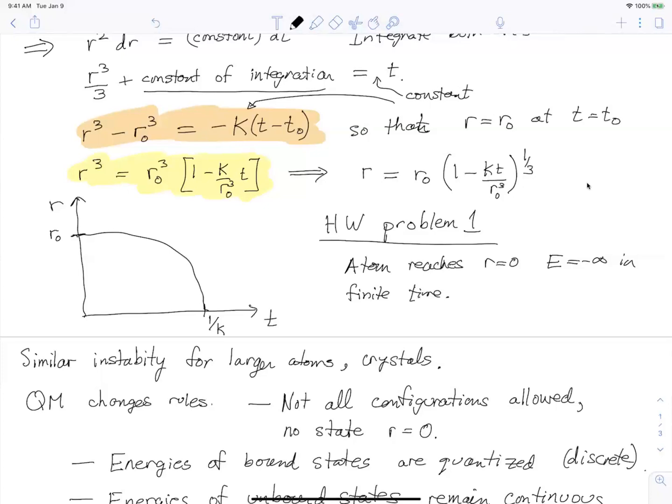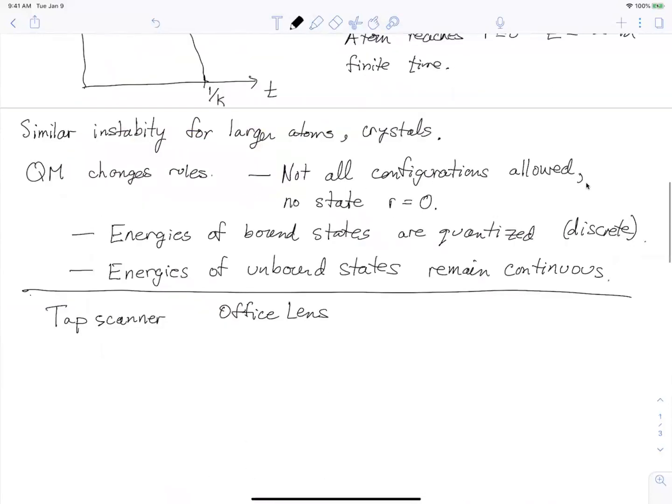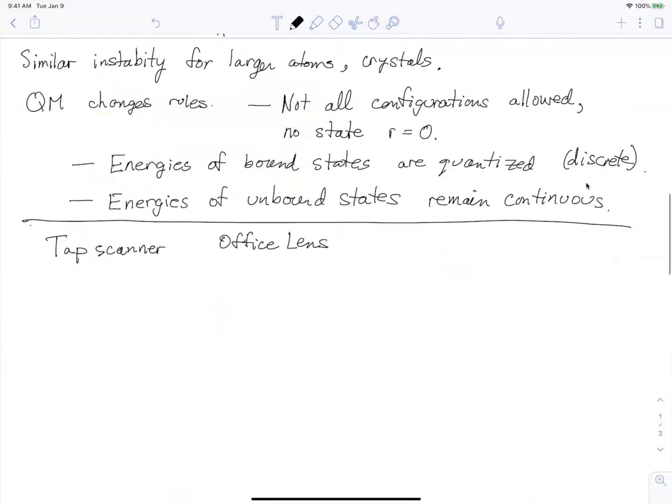Oh, so in the notes they combine your K and R naught cubed to make their own constant. Right. So always believe what's in the notes over what I say in lectures, unless the notes have some inconsistency, and then you should tell me about it to get your free point. Okay. Good. Anything else?